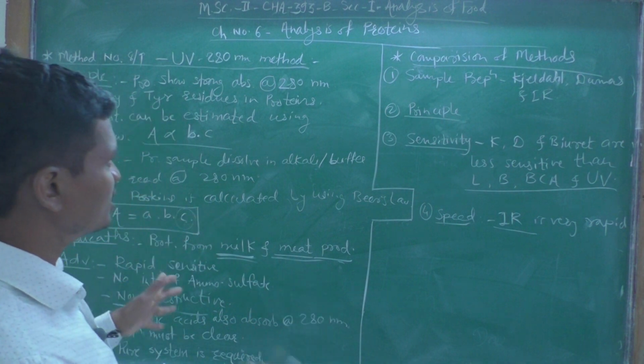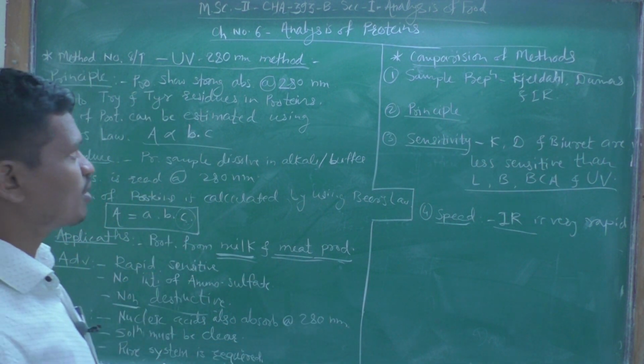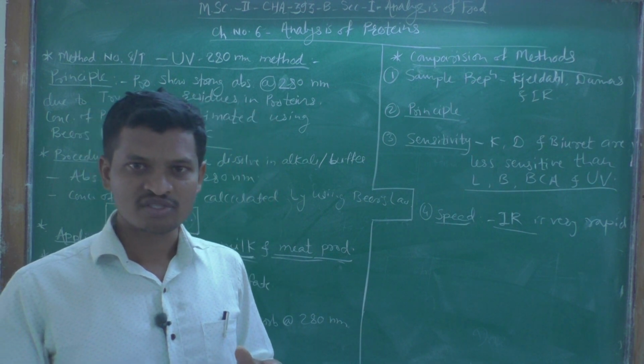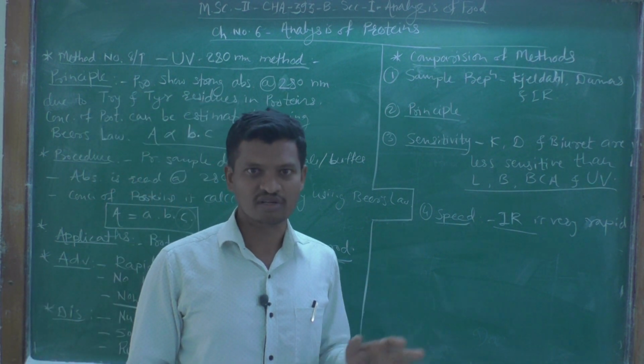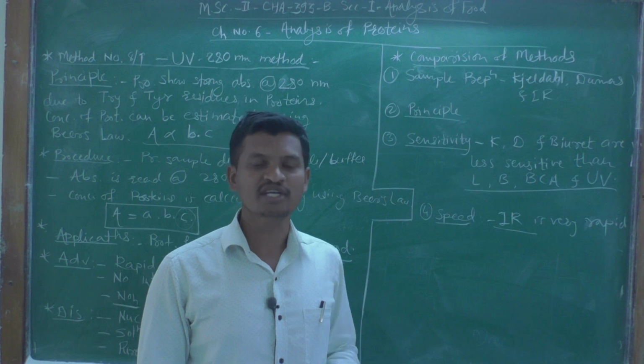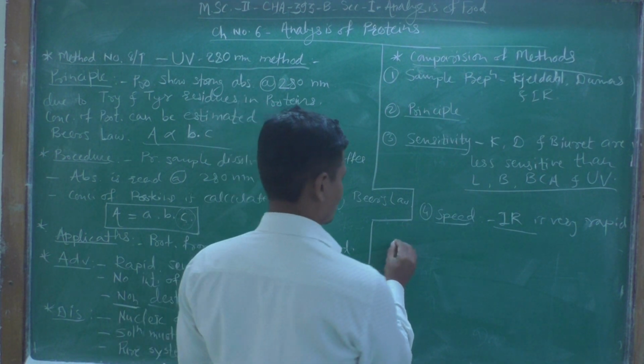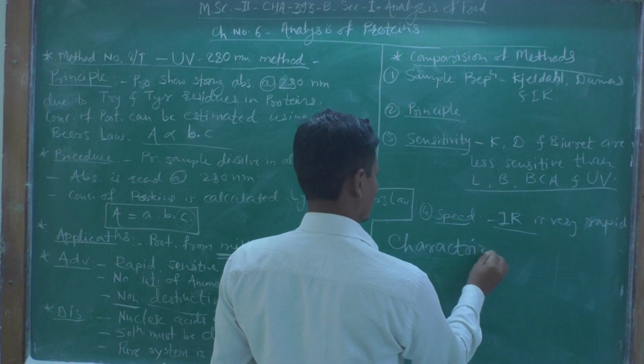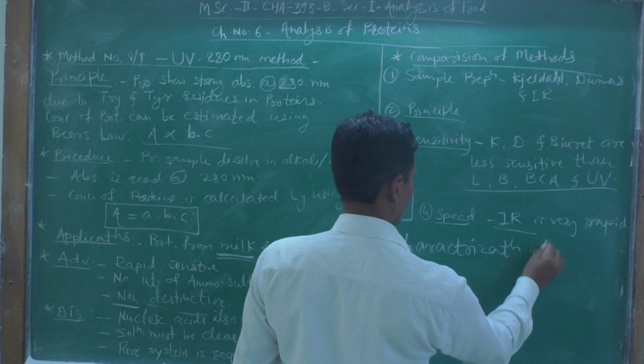So in this way we have completed the first part of this 6th chapter, that is analysis of proteins, and the remaining half section of this chapter is related to the characterization of proteins.